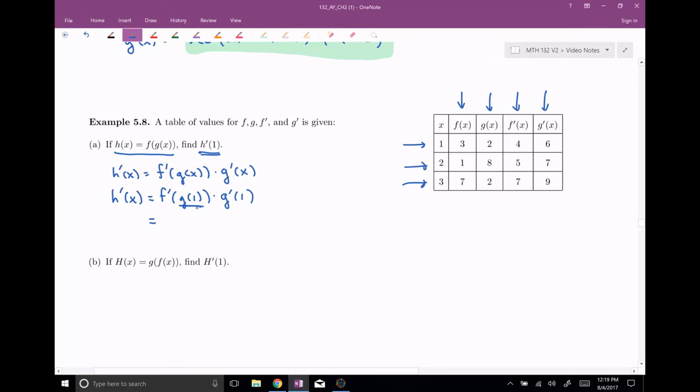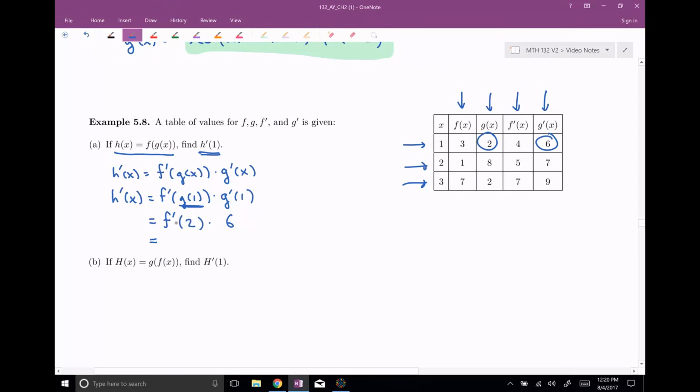So first I'll figure out what g of 1 is. Here is my g column, and I want g of 1. When I plug in x equals 1, it is 2. So this is f prime of 2, replacing g of 1 with 2. Now g prime of 1: I go to my g prime column, look at 1, and g prime of 1 is 6. So this is times 6.